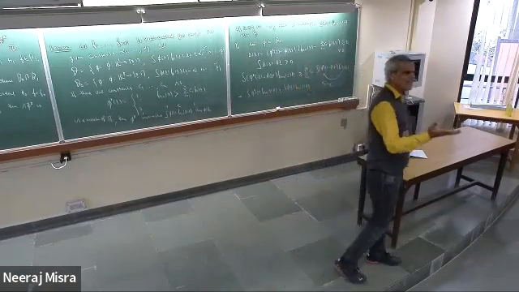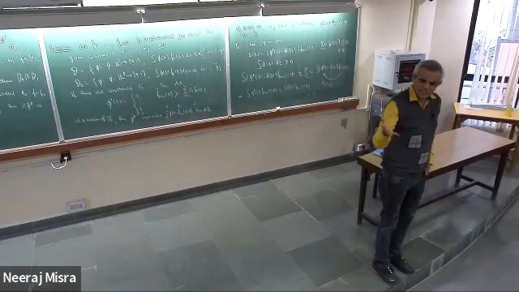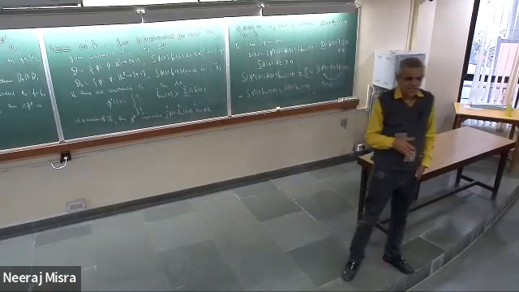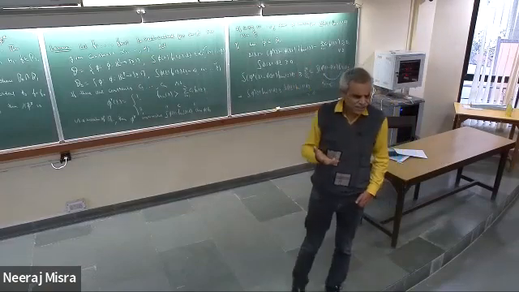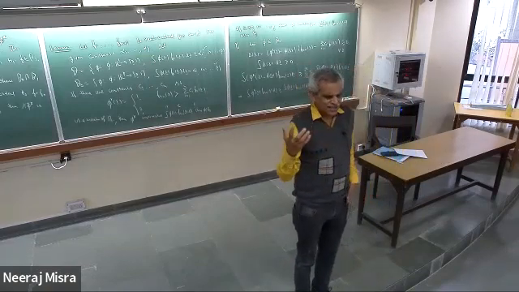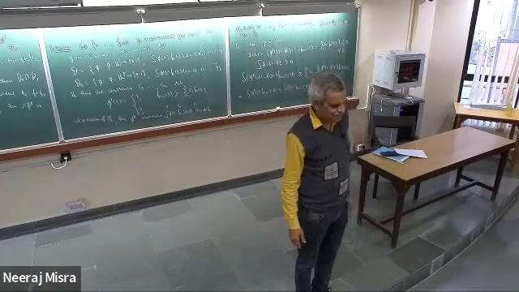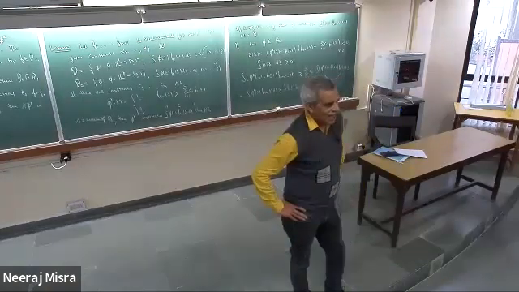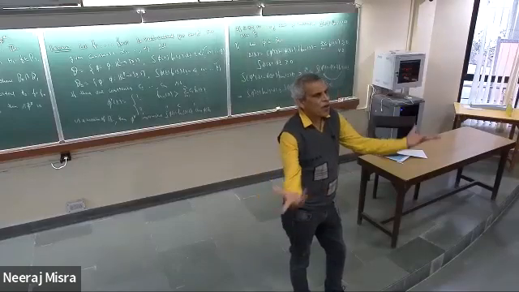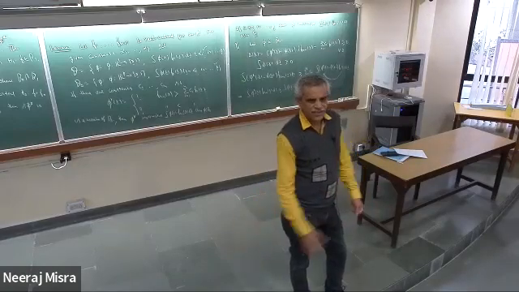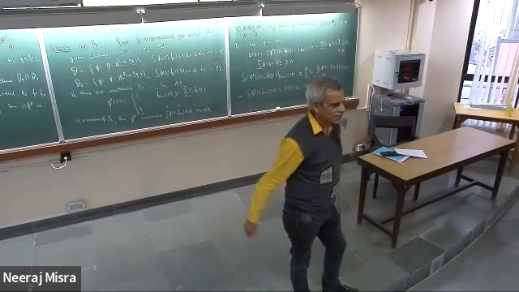So how do you sell that concept that, look, I'm rejecting only for large values of X bar, not for small values of X bar? How will you sell that to a person who has very little knowledge about statistics? How will you sell it? So for example, normal, right? Normal, you have to test normal theta is equal to 0 against theta is equal to 1.